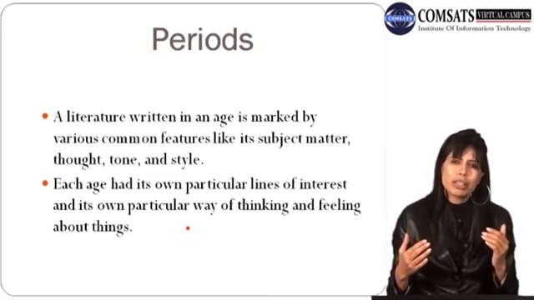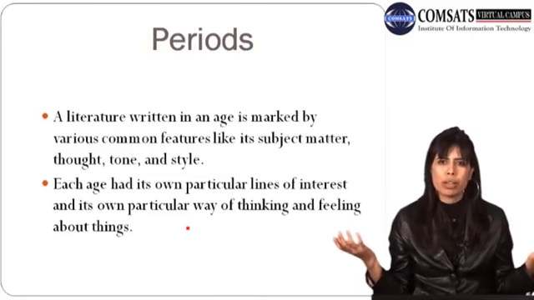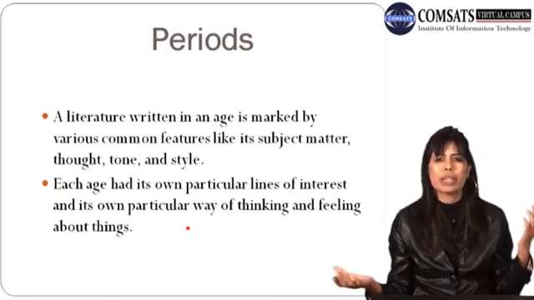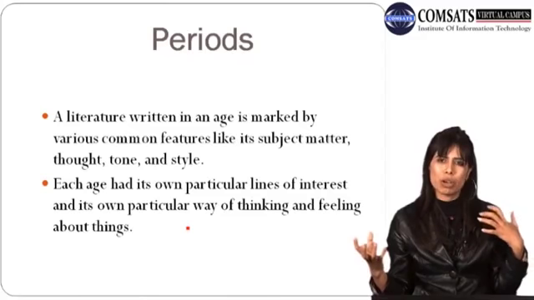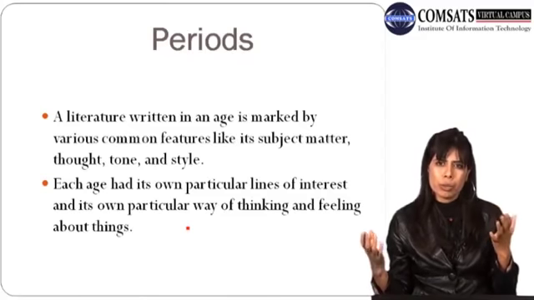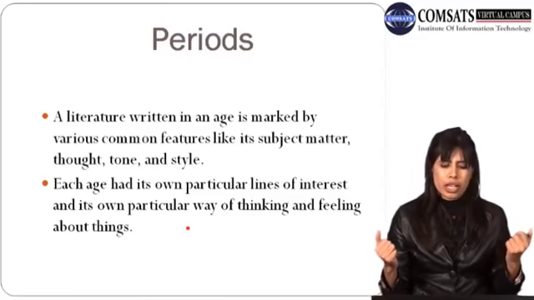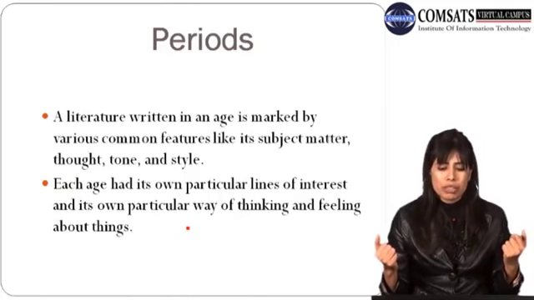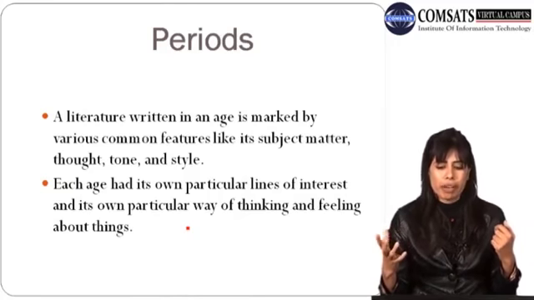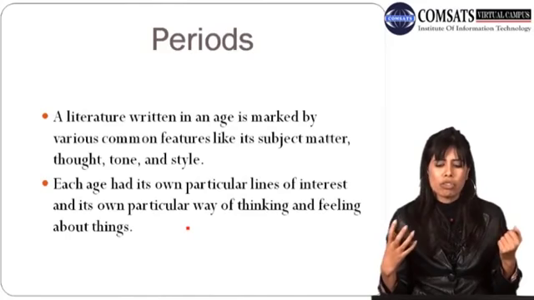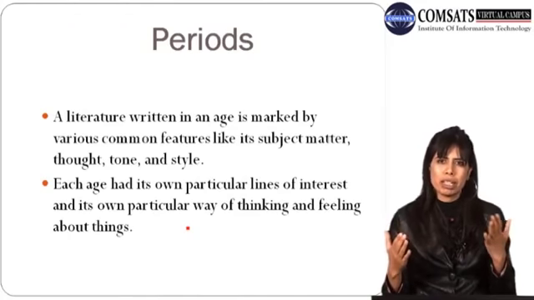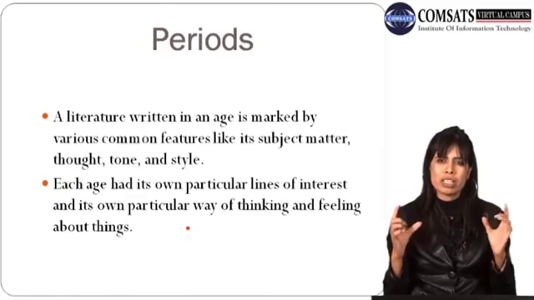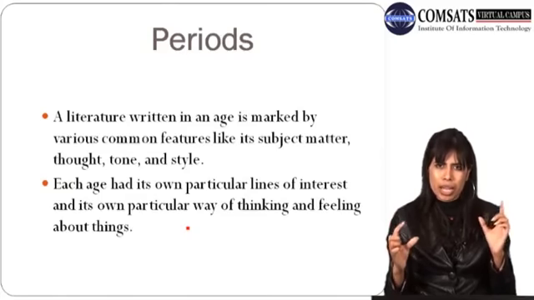So we get to know that the style, the thought, or the subject matter of that era is very much common among all the writers of that very age. Each age had its own particular lines of interest and its own particular way of thinking and feeling about things. So my dear students, that is why we have divided certain centuries, certain periods into ages.